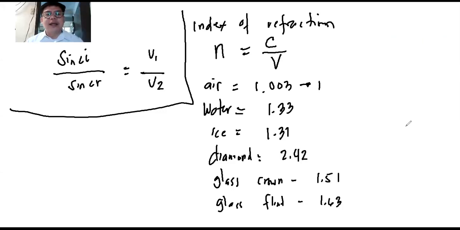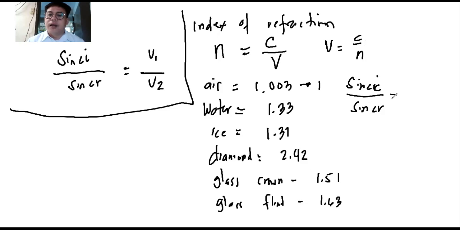Now let's relate the index of refraction to Snell's law. If n is equal to c over v, then v is equal to c over n. So definitely, sine angle i over sine angle r is equal to c over n1 over c over n2.